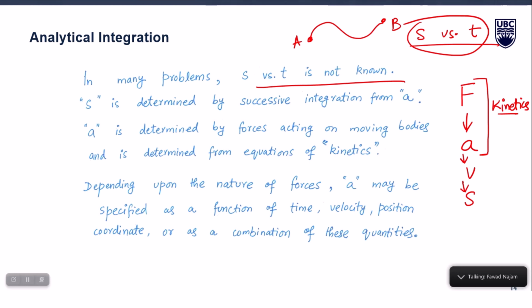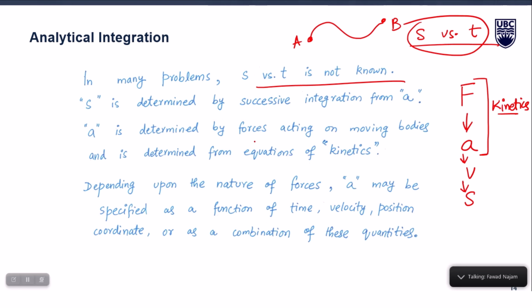But currently imagine a problem where A is given without reference to the force which caused it in the first place, and you are asked to determine a velocity at a particular time, or displacement at a particular time. Or with a given A, you are asked to determine velocity when the displacement was that much. So any combination of that.